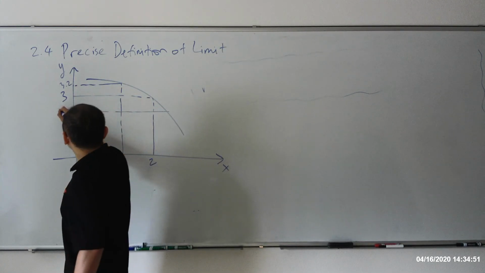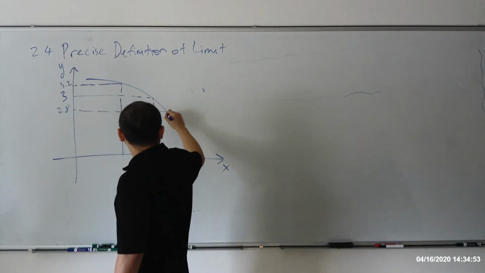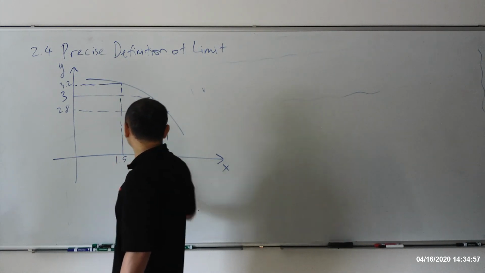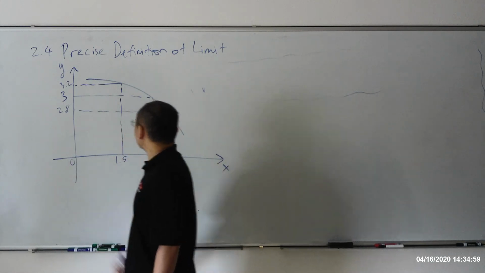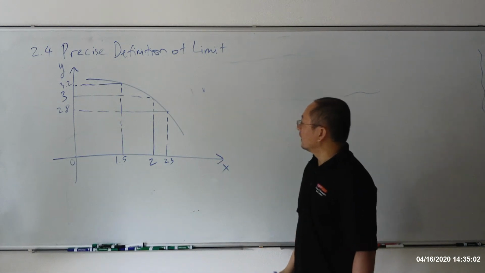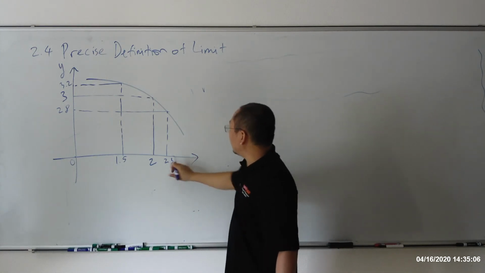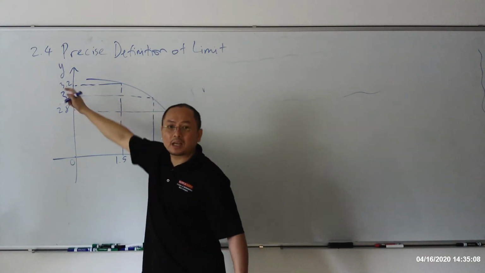This is 2.8. This is 2.9. 2.3, and this is 1.5. And 0 right here. Okay? They're trying to tell you what? The limit with x getting closer to 2, then f of x is getting closer to 3.